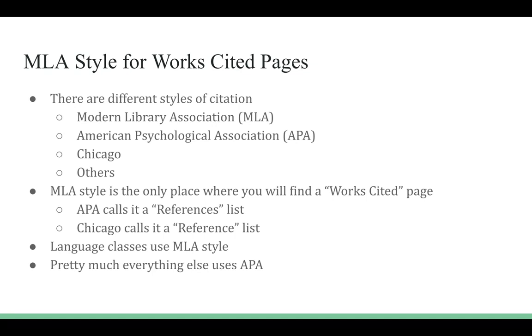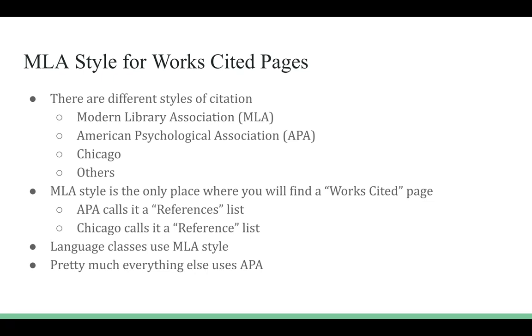So we're using MLA style in English. The English classes of the world, the literature classes that you'll have in college, even if you take some kind of grammar or linguistics classes, those typically use MLA style. MLA is just one type of style to use for citing sources and making a works cited page.